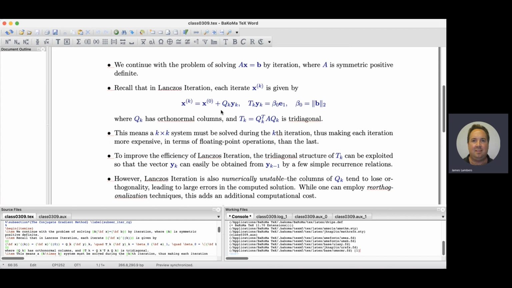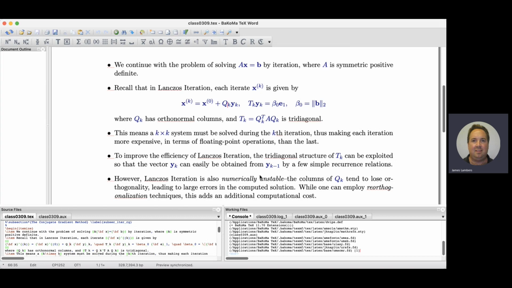And people have worked on how to carry that out efficiently, like not necessarily reorthogonalizing every time, but just in certain situations. So there are things that can be done to make this method more practical, but we're not going to explore those. Instead, we're just going to come up with a whole other method that actually is very widely used for solving symmetric positive definite systems, and it's called the conjugate gradient method.